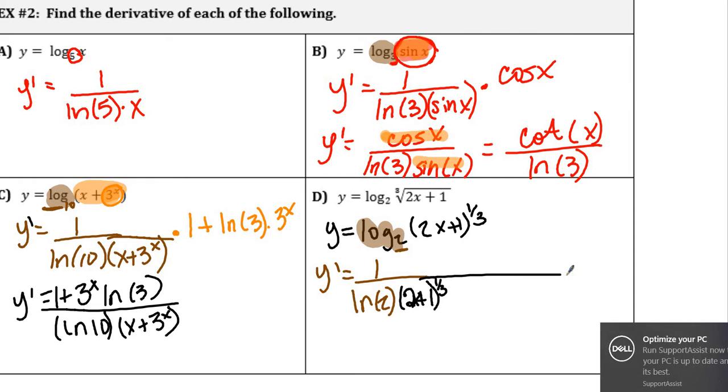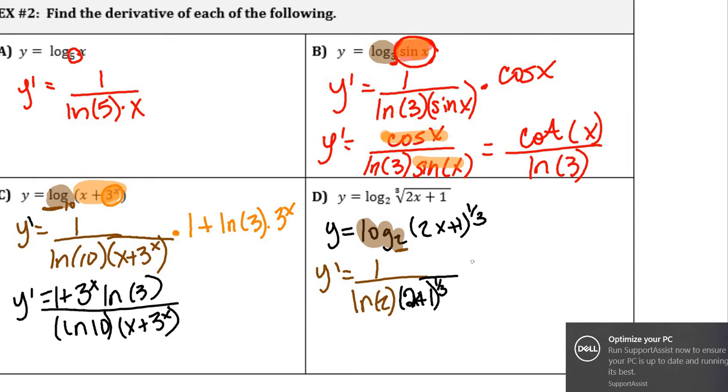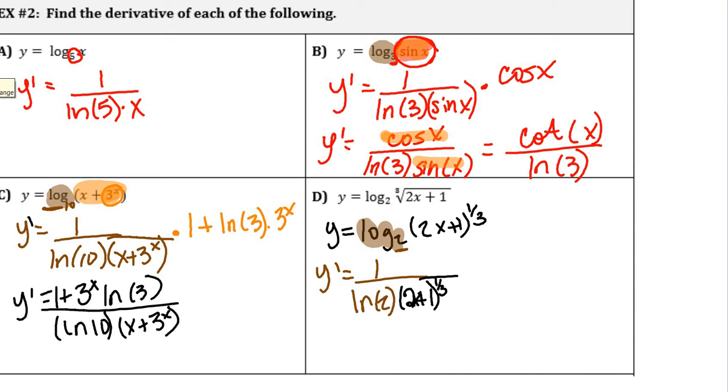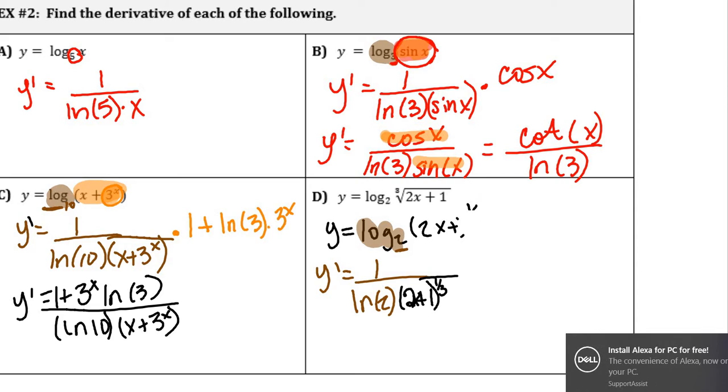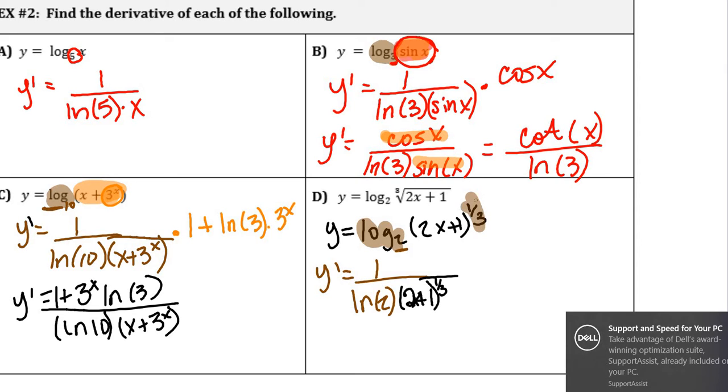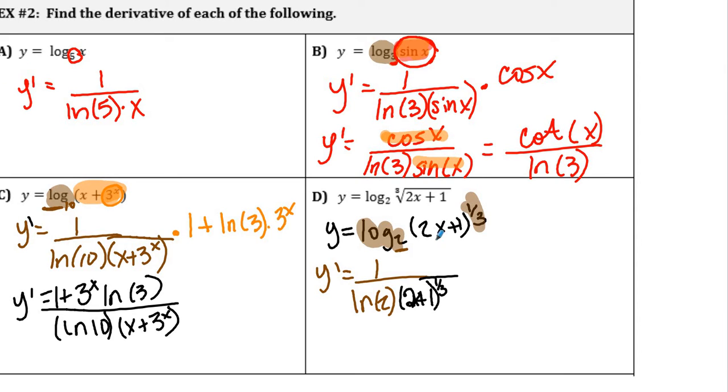And now I have to figure out a way to take the derivative of this. In this case, the log was my shell, the 1/3 was my chocolate, and then the 2x plus 1 was the peanut. So I'm going to go ahead and just take the derivative of raising something to a 1/3 power.